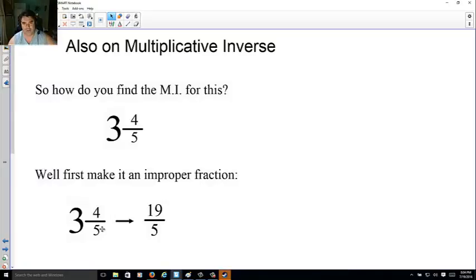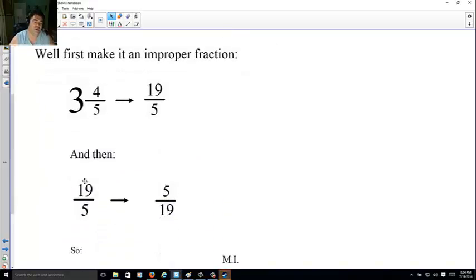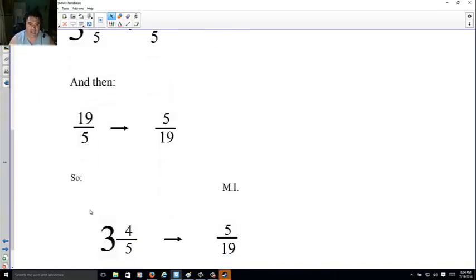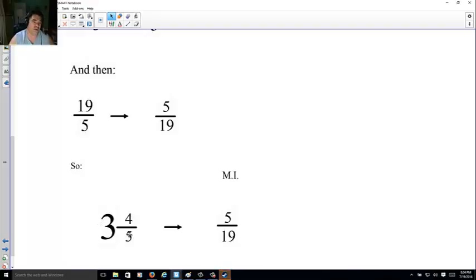But hopefully you understand that 3 times 5 is 15 plus 4 is 19. Still over 5 because it's still 5 tokens per dollar. So instead of 19 over 5, now we switch and make 5 over 19. So 3 4/5, the multiplicative inverse is 5 over 19.